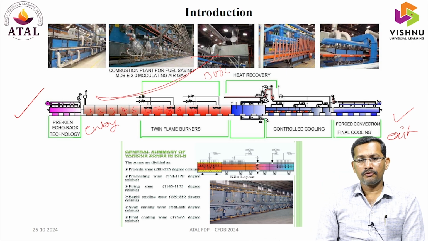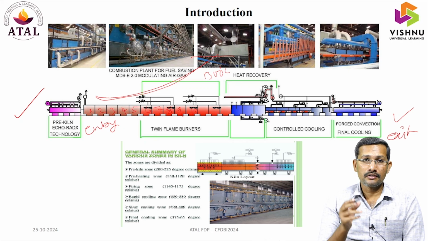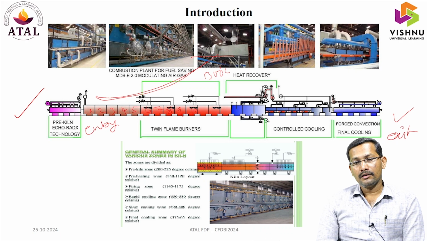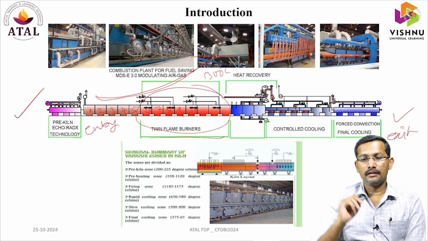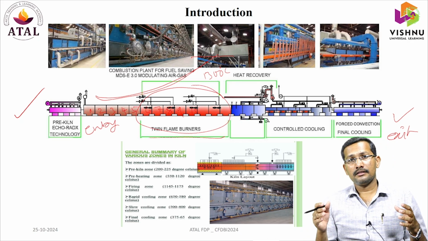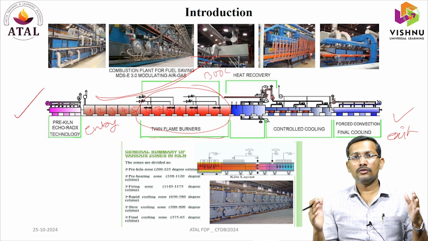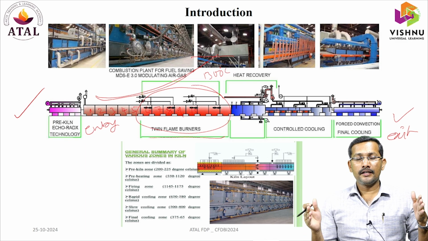Up to that temperature we heat the tile, so that we get the required hardness and the required brittle strength for that tile. This is the twin flame burners. Here we are providing burners on that side and this side. If you cut this section, we can see that it is exactly the shape of a bus, like ordinary state transport buses.